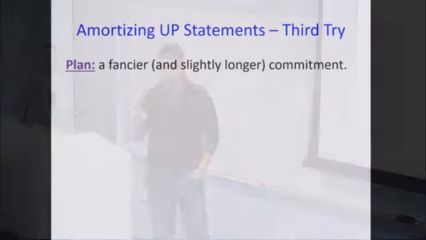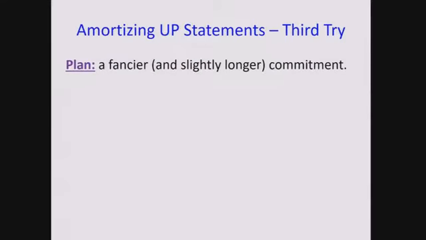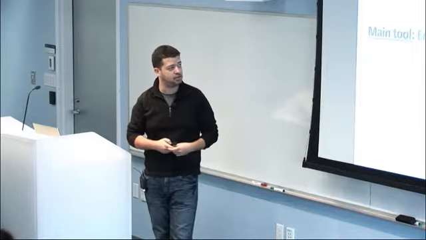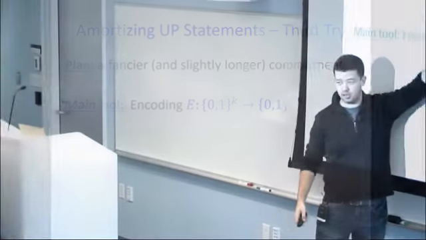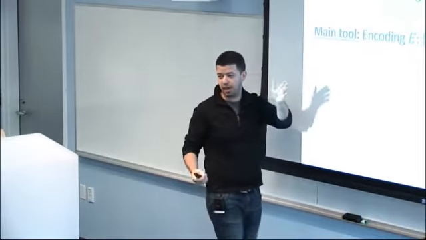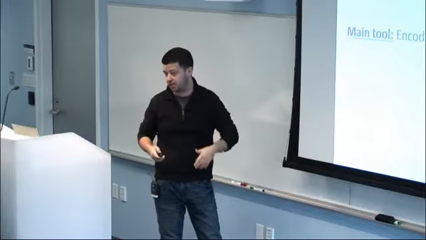So let's try to improve this. The idea is, instead of using this very simple XOR checksum, let's do something a little bit fancier. We're going to use an encoding E, which we apply column by column. It takes the k bits, which are just a column, and shrinks them into d bits.